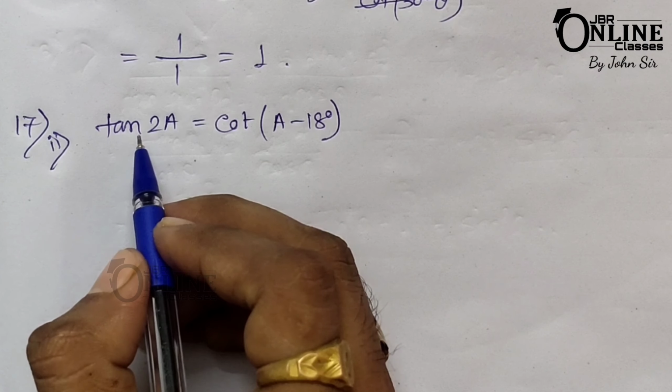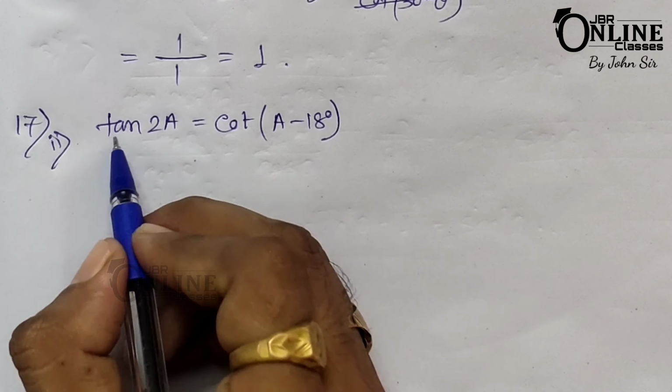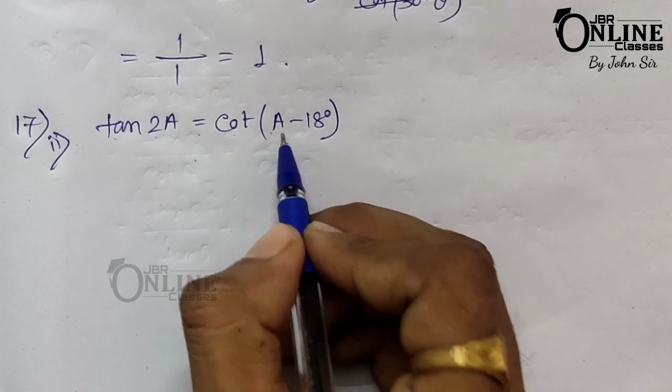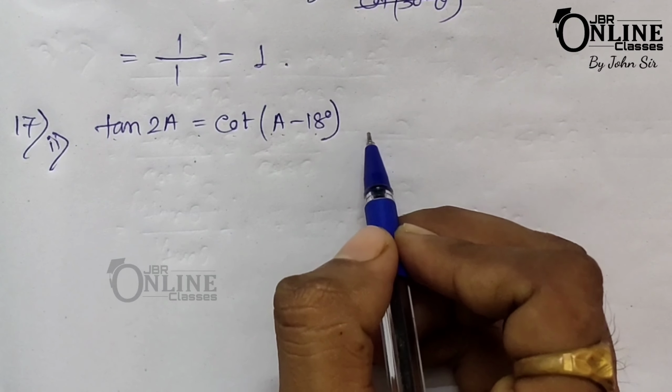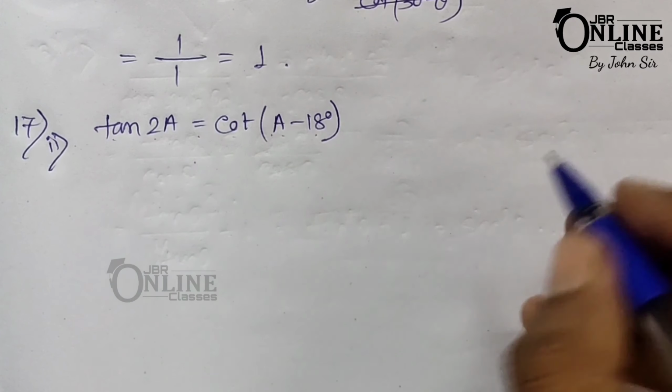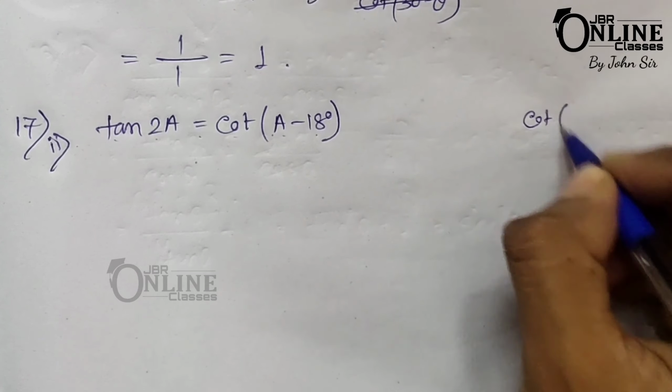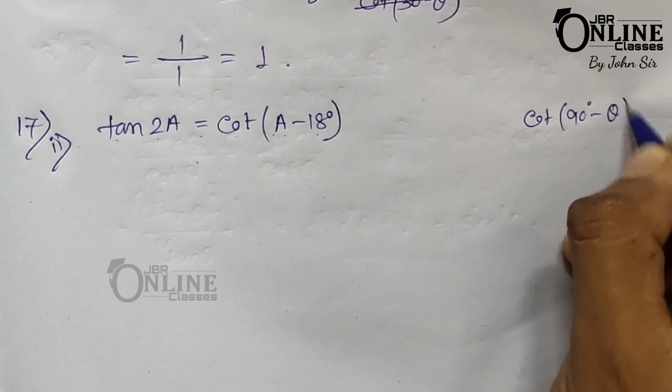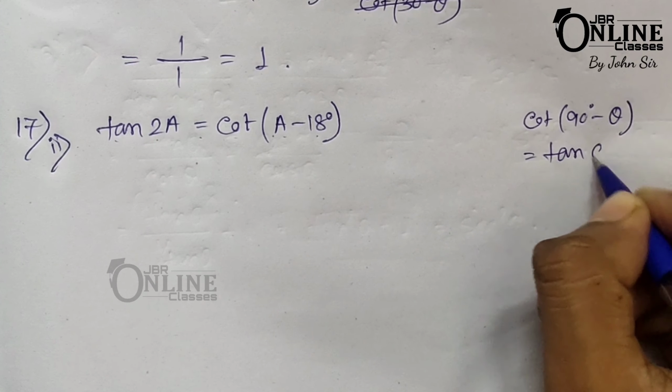Next one, sum number 17(2). In sum number 72, find the value of a where tan 2a equals cot a minus 18, where 2a and a minus 18 are acute angles. Now you know the formula cot 90 degree minus theta equals tan theta.